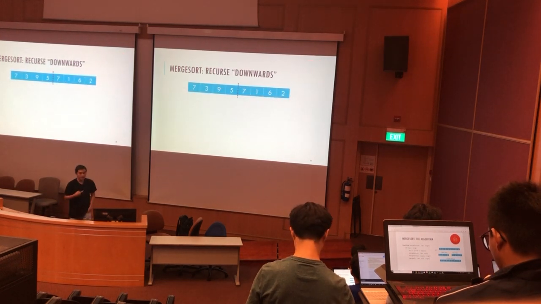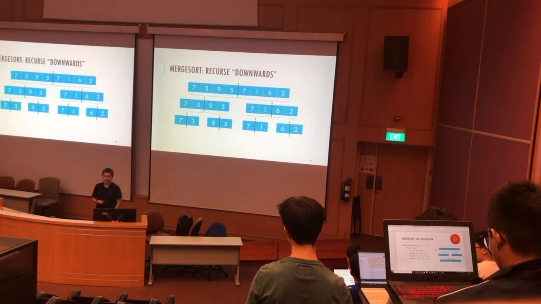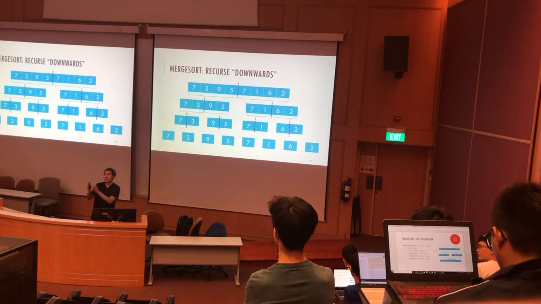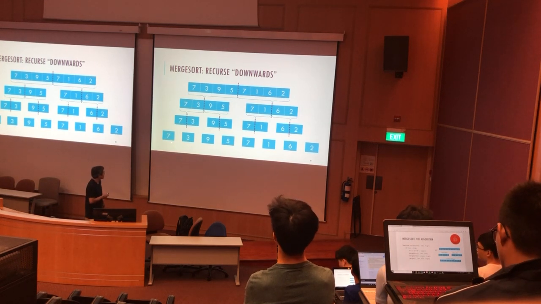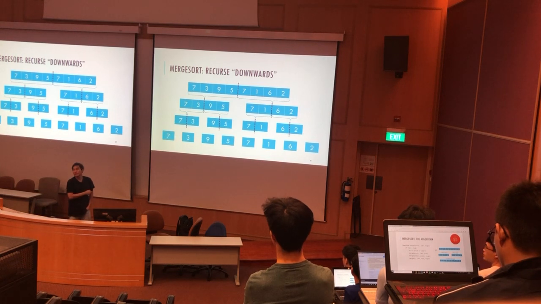So let's see how this algorithm works. I'm going to split it down the middle, and then continuously split it down the middle. And then at some point, I'm going to have basically atomic elements, one element in each cell. Once I'm at this stage, is this array sorted? Yes, trivially sorted. There's only one element, so it must be sorted.